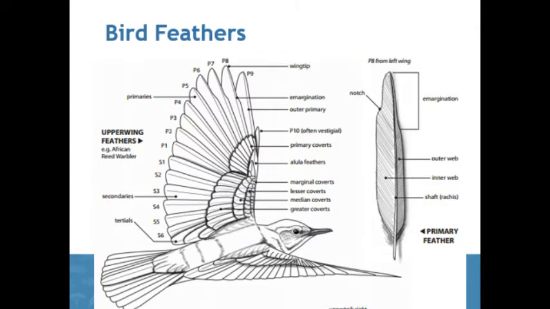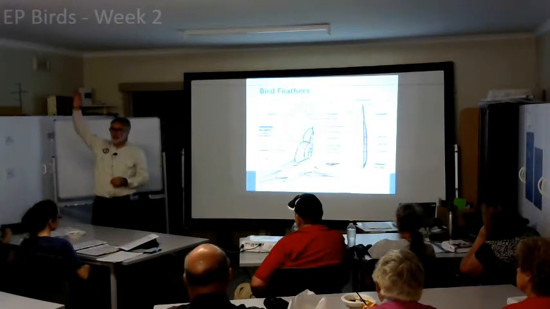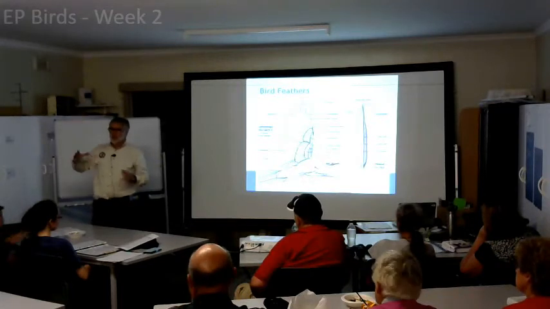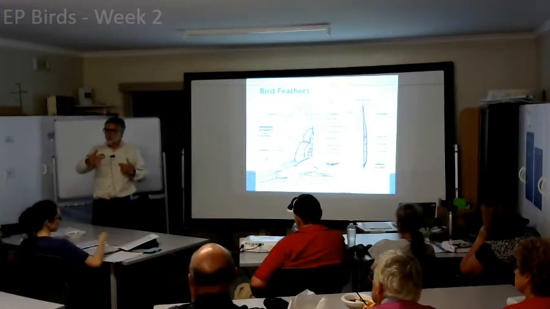Those feathers, the width of the wing compared to the length affects its flight, and I'll talk a lot more about this over the next few weeks. But if you've got a bird that is able to take off and fly virtually vertically straight up in the air, it's got a width versus length ratio that's virtually 1 to 1.